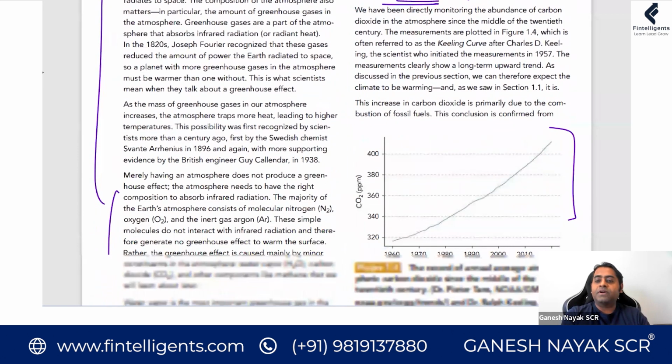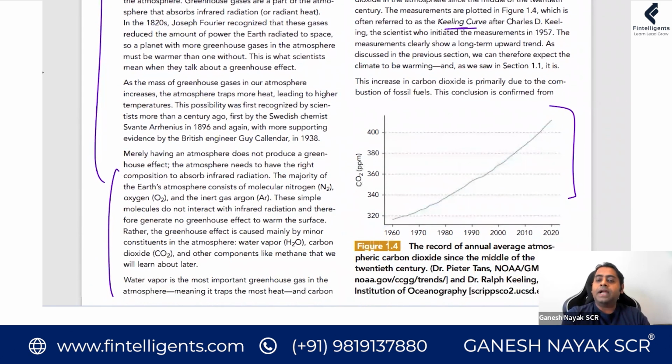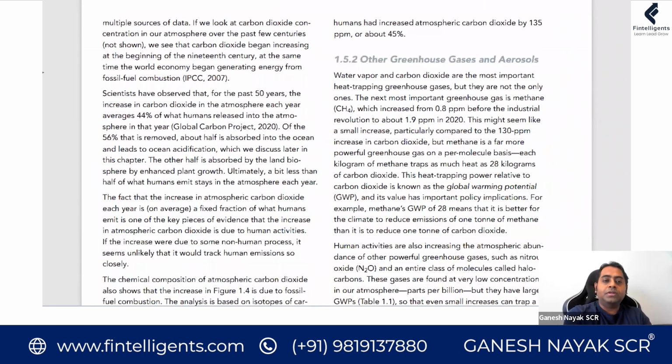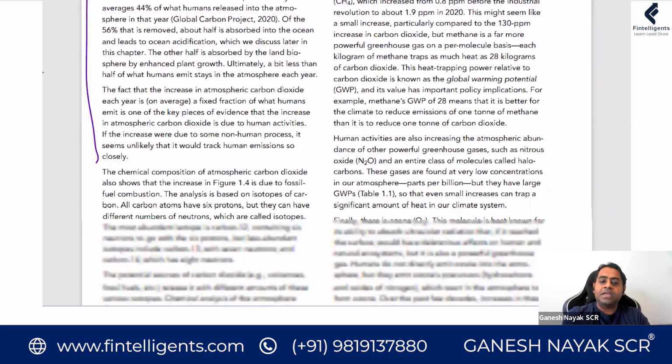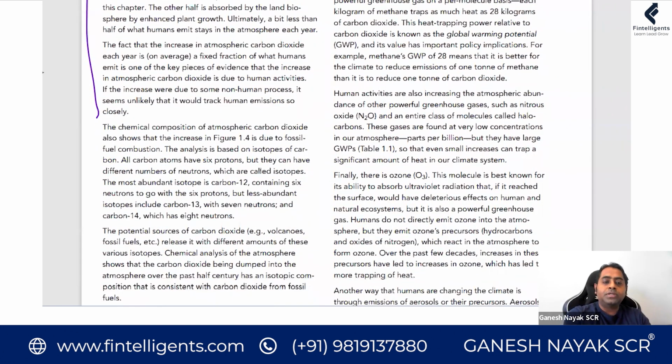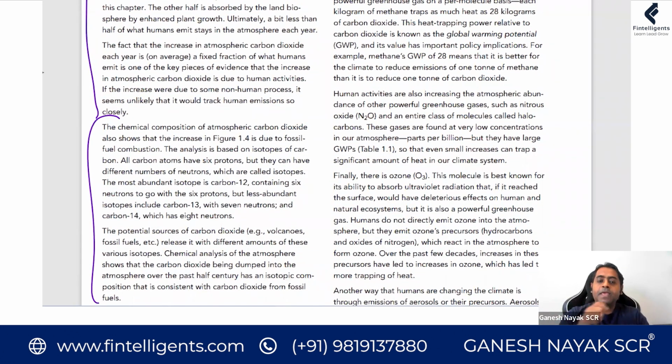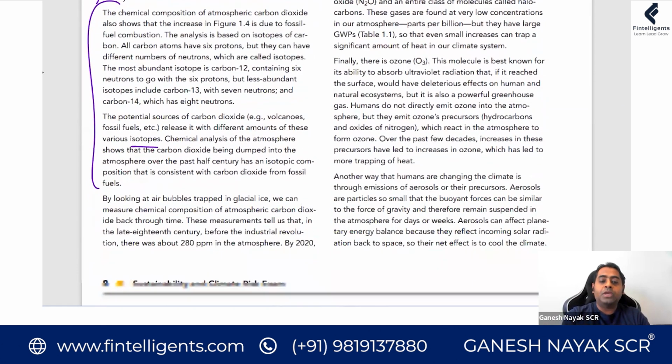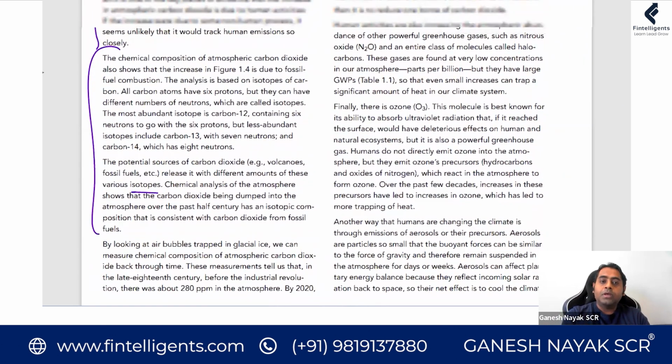So the Keeling curve is covered over here in the book. In this section, they've given you a few references of the study, and the major discussion is all of this we have covered, okay? But the major discussion is about the isotope and different types of isotope, and they've come to the conclusion that carbon-12 is something which we are slightly concerned about.